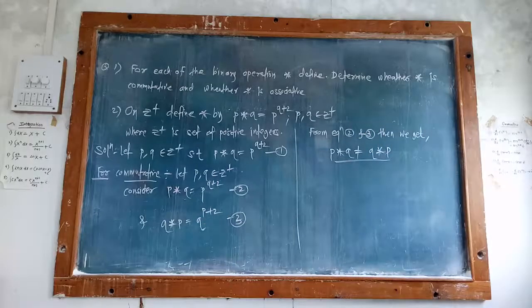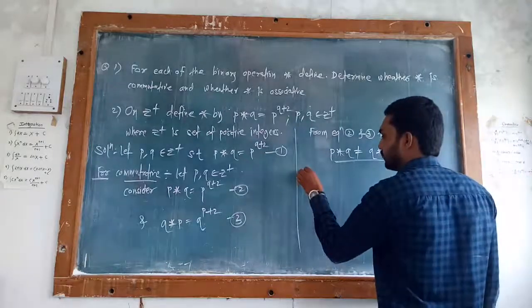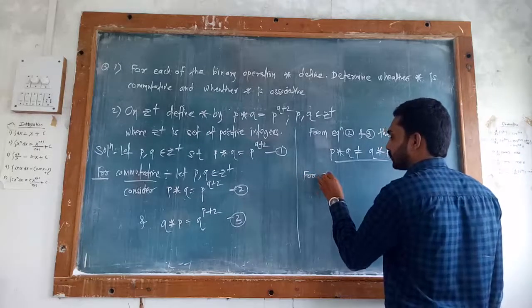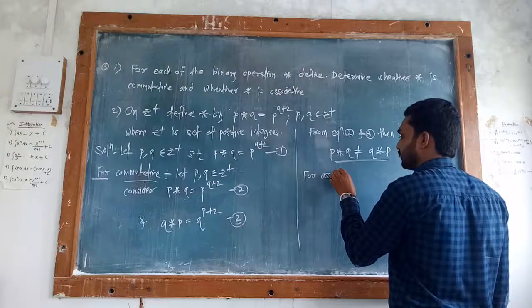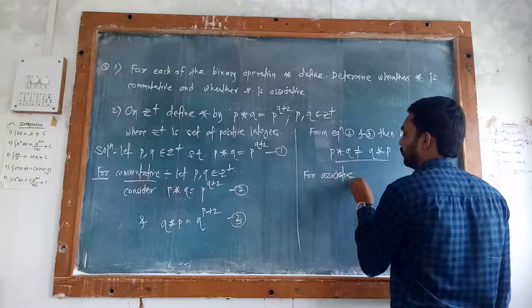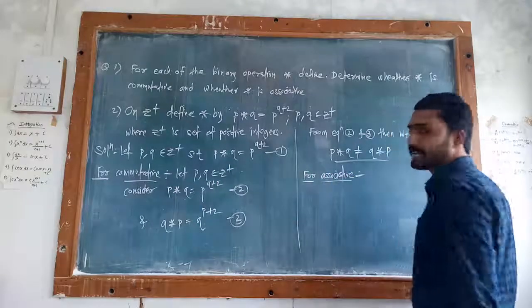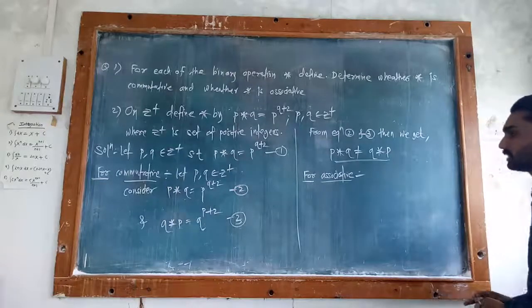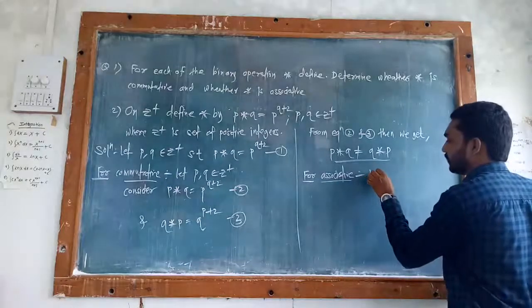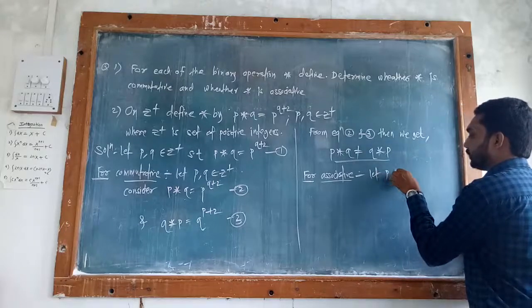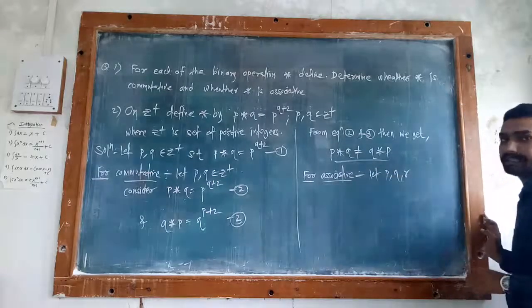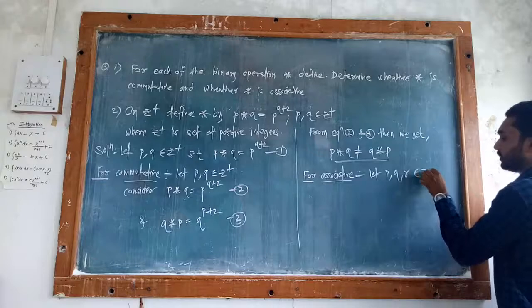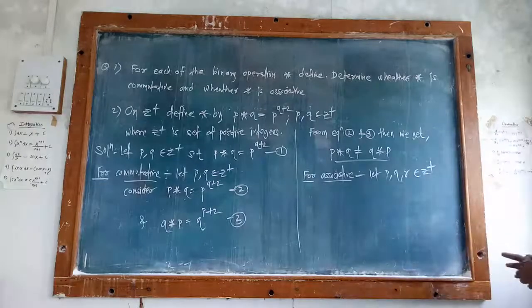Now the second condition, associative. Let P, Q and one more element R be members of Z plus, that is positive integers.